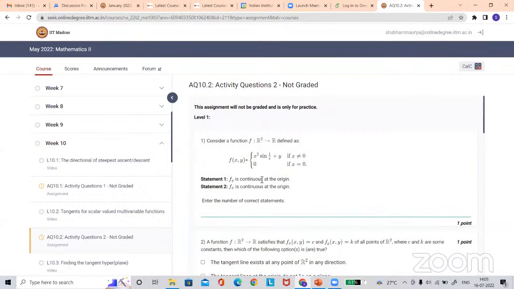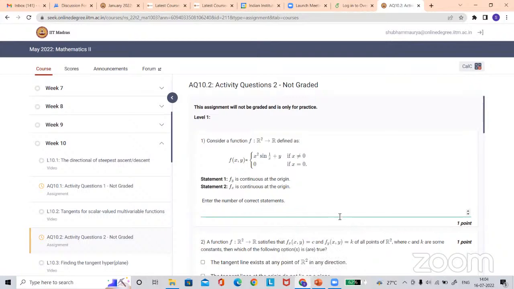How do you check whether the partial derivative function is continuous or not? How did you do it? First I found the partial derivatives with respect to x and y, and even there I faced a little bit of problem in differentiating these terms.